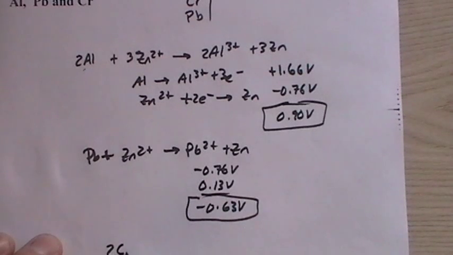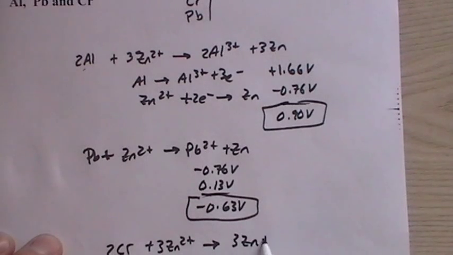And then we have the chromium. Chromium is plus 3, okay. What we end up with is minus 0.76 for the zinc half reaction, and then we have plus 0.74.